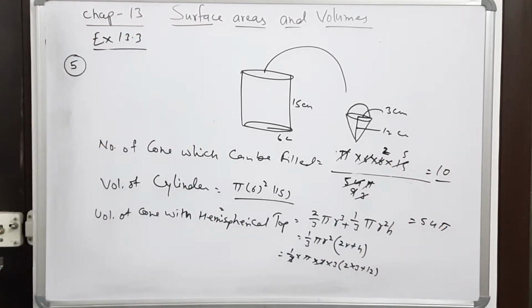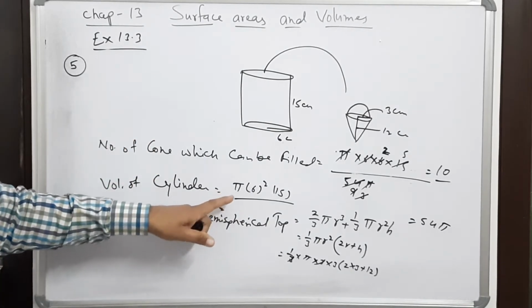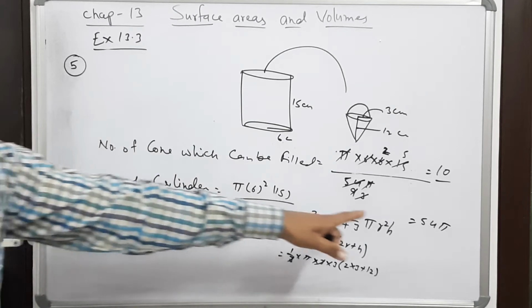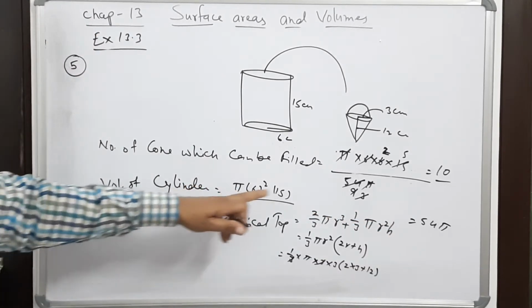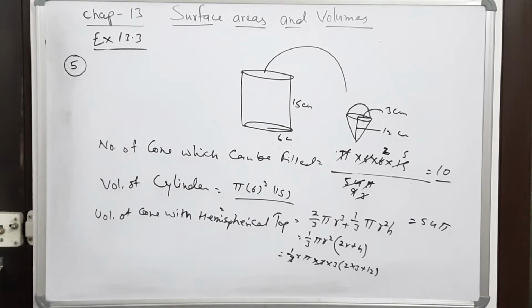So how many cones can we fill? 10 cones. That is, the volume of the cylinder upon the volume of the cone with the hemispherical top. So the answer of this part is 10 cones, means we can fill 10 cones.